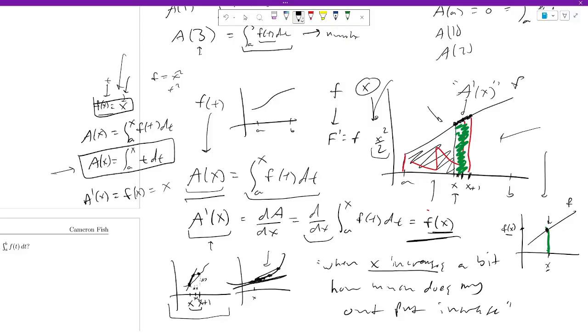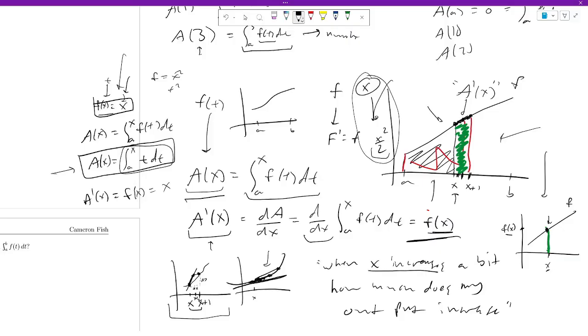The real reason I care about that is that I want a way to evaluate integrals, right? I want a way to find areas under curves. That's the whole plan. So what this relationship is telling us is that there's going to be a connection between getting the integral and this algebra process.